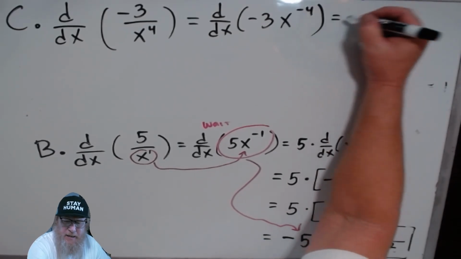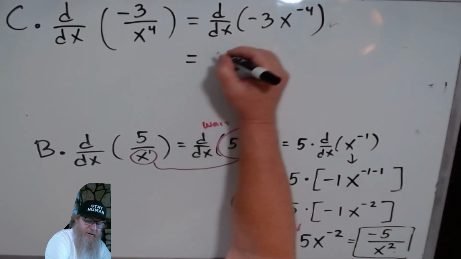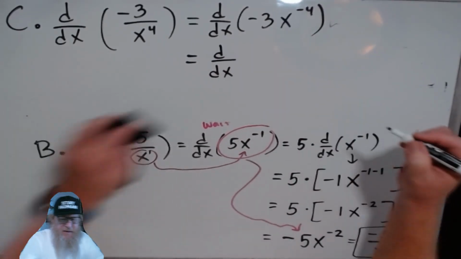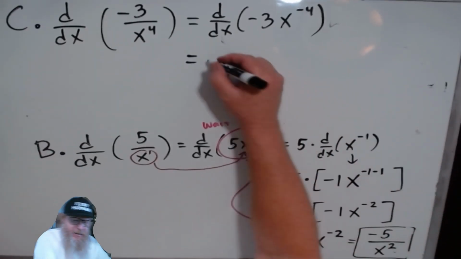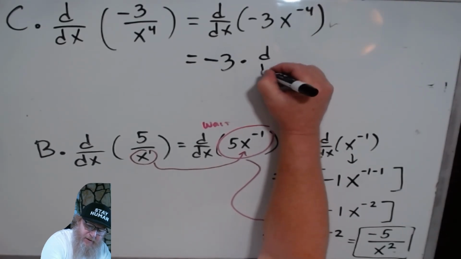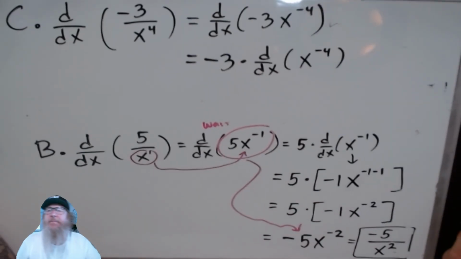Let me just go down here. I know I'm going to run out of room. I'm planning ahead. That's going to be -3. So the constant comes out in front, times the derivative of x to the -4.